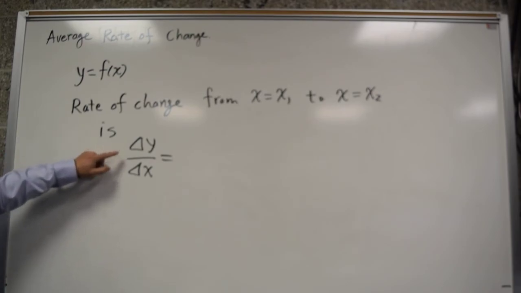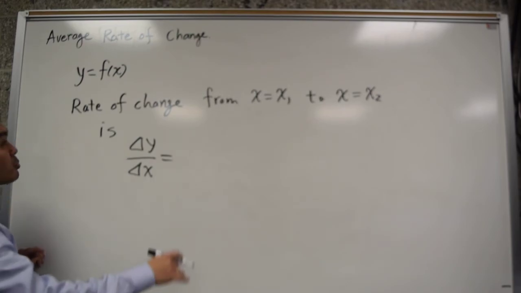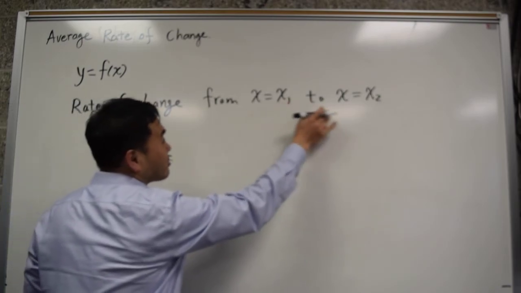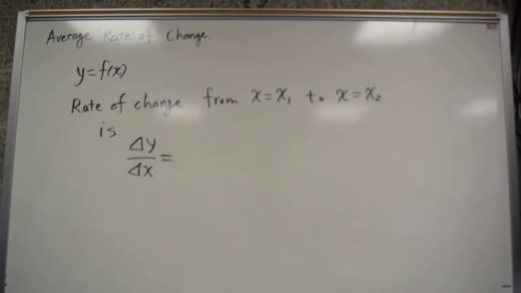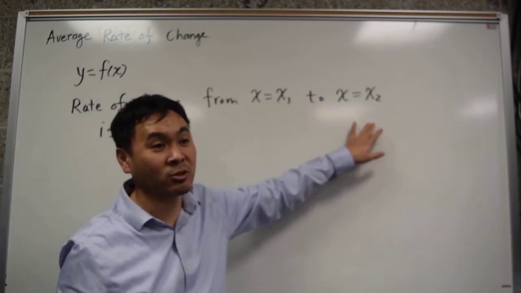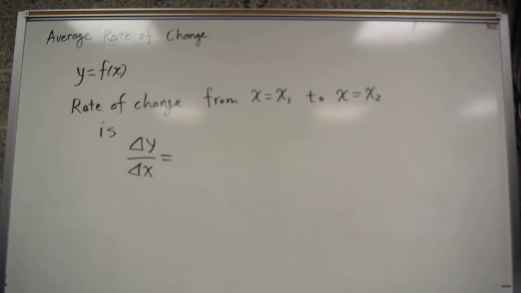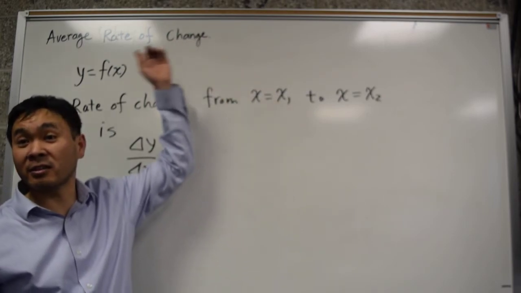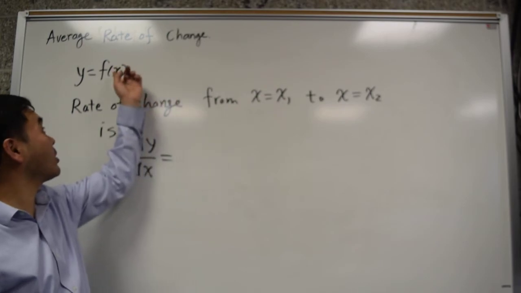Now what's change of y? Well, it's the y values. But I'm only given x values. How do you get the y values? You just plug it in. If you plug in the x value, you get the y value.